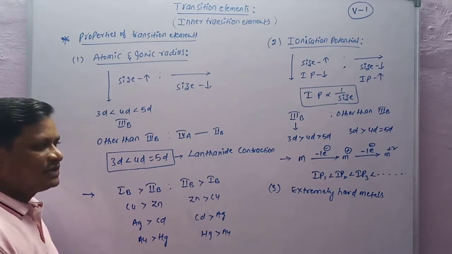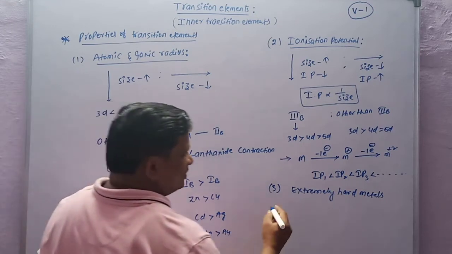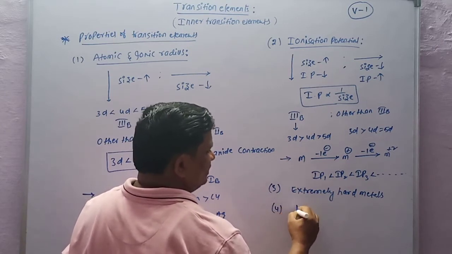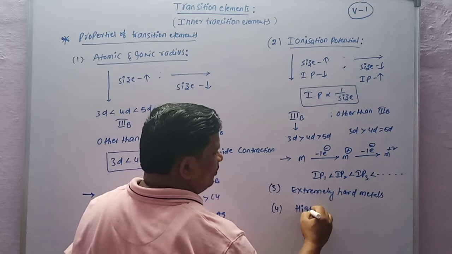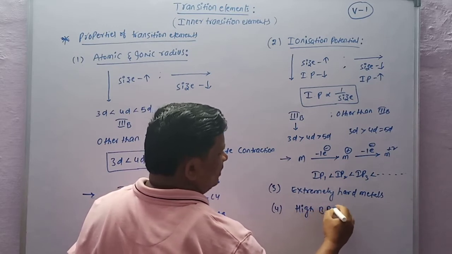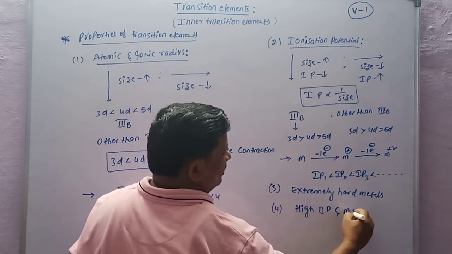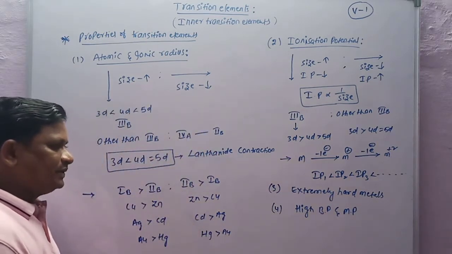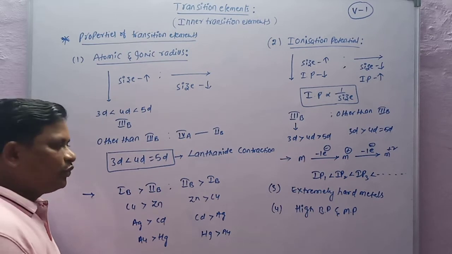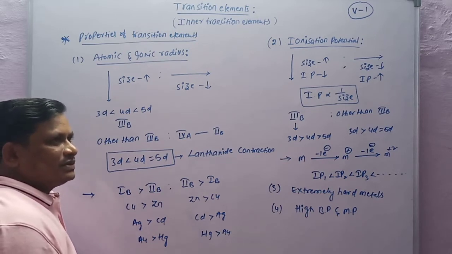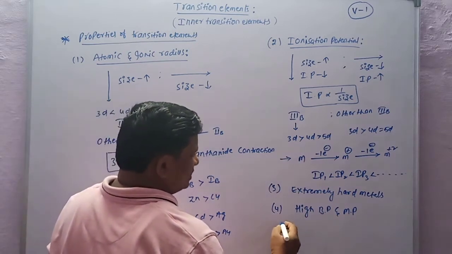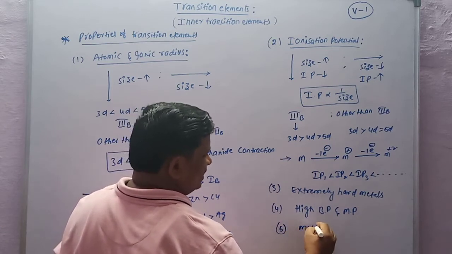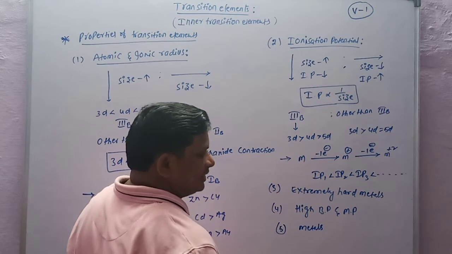Next, they have high boiling points and high melting points. Generally, transition elements are metals, they have metallic nature.